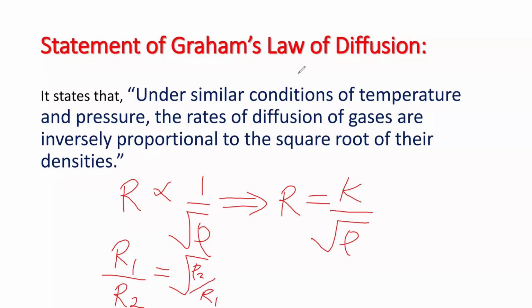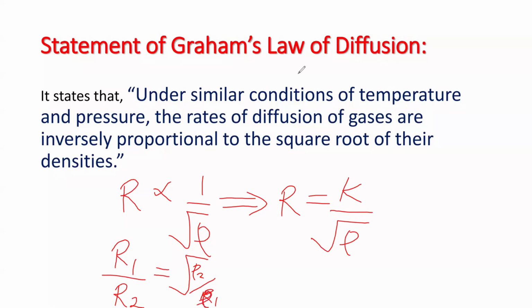Because we have proportionality, you can take it as different values. You can have R1 and R2, and you can also have rho 2 and rho 1. This one is not R, it's rho.